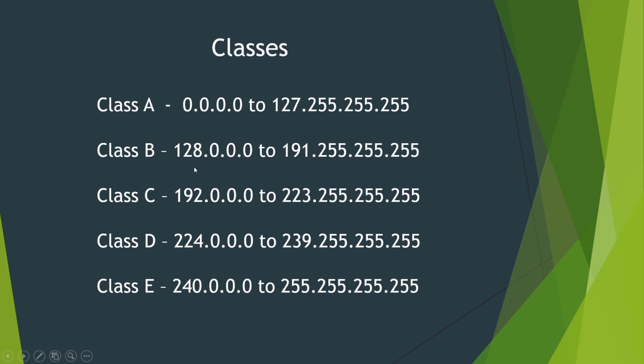Class B you can conveniently assign to smaller organizations as well. Class D addresses are used for multicast purposes, and multicast means sending data from one computer to many computers. And class E addresses are reserved for future use. We will mainly concentrate on class C and class A, because class A is used for organizations and class C is used by default in homes.